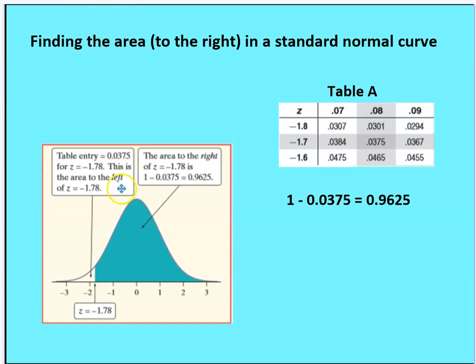And then if we want to find the area to the right, remember, Table A is going to give us the area to the left. I want to find out what the area is to the right of a z-score of -1.78, which means I have to find the area to the left first, because that's what I get in the table.